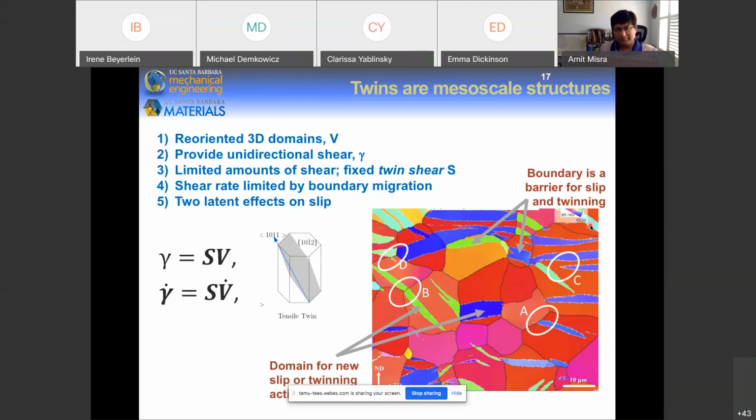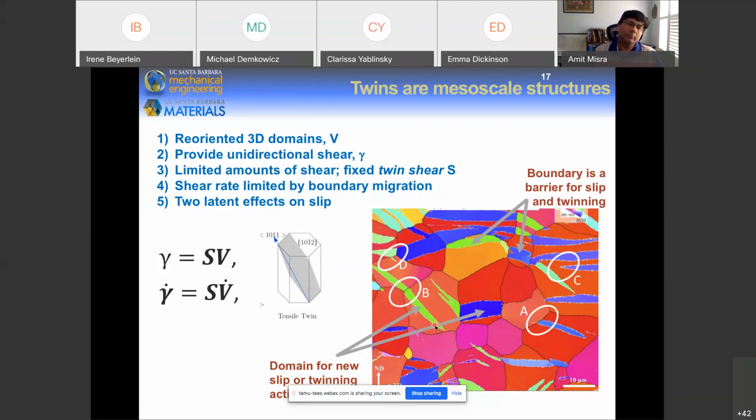So if slip is occurring in the same grain, which usually it is, then it tends to act as a directional barrier for some slip systems. It can change the slip activity of a grain by making it difficult for one type of slip system to deform relative to another.